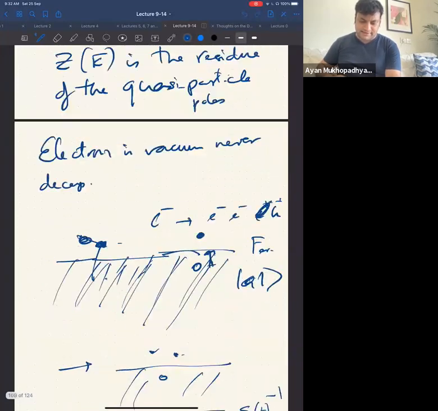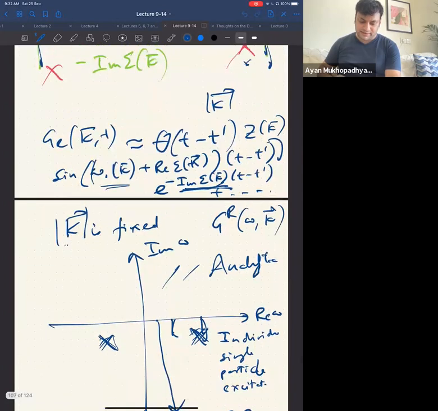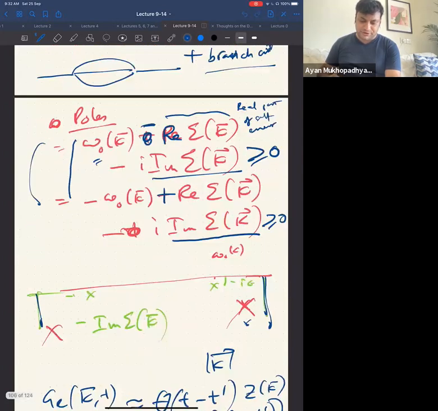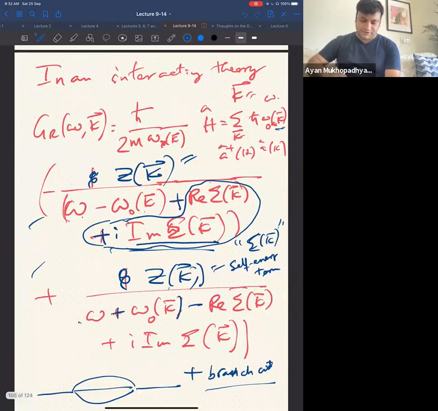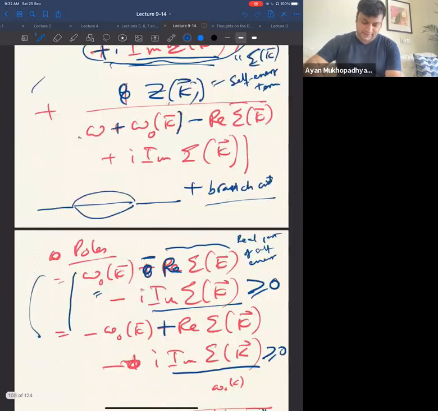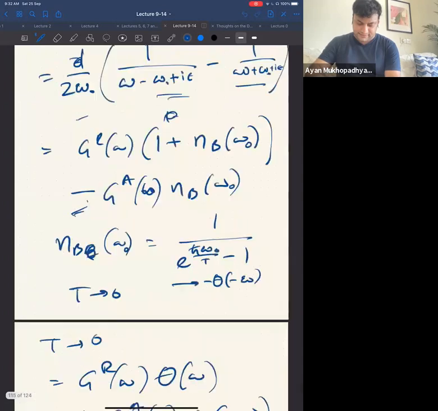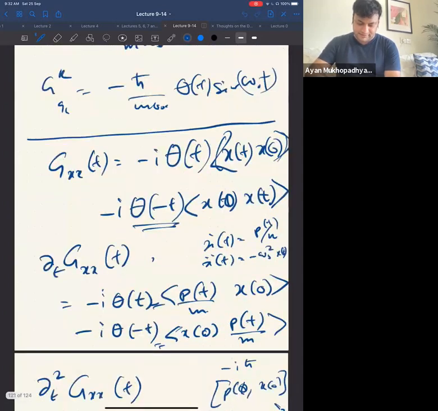Yeah, last time I said that your retarded propagator in a general theory would look like something of this kind. Maybe I should write it in a better way.